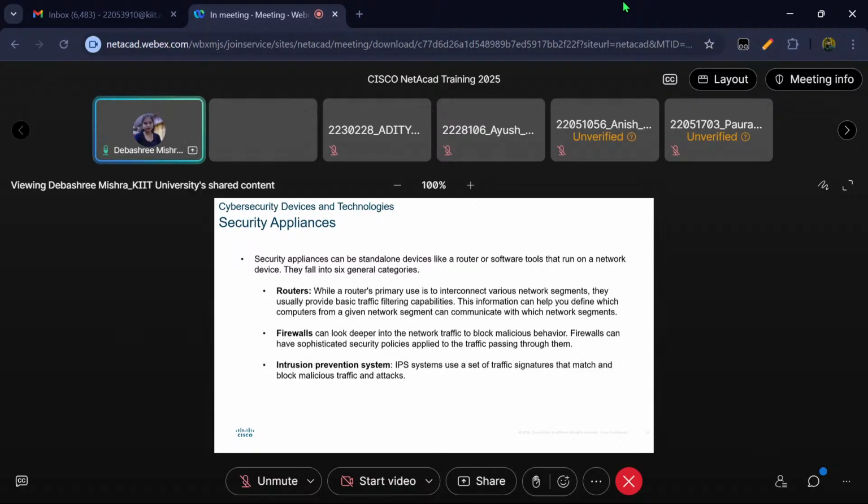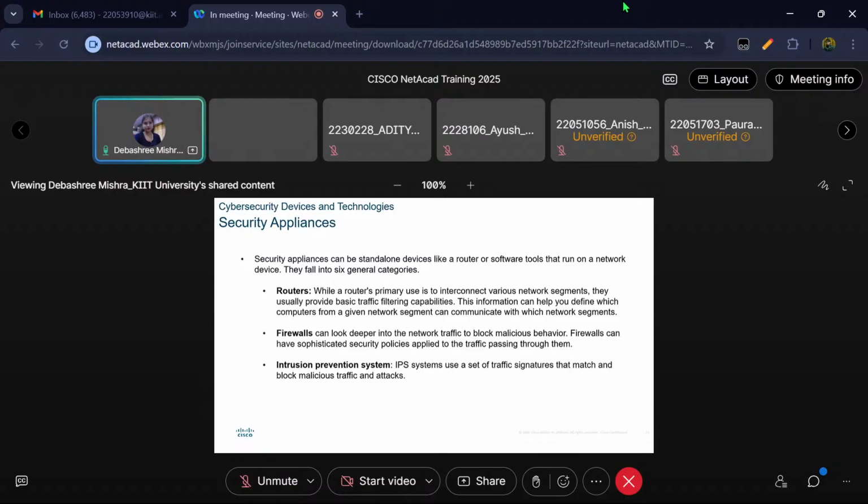This information helps define which computer from a given network segment can communicate with which other network. For example, is a device in network number 1 connecting with devices in an outside network, or within its own network?